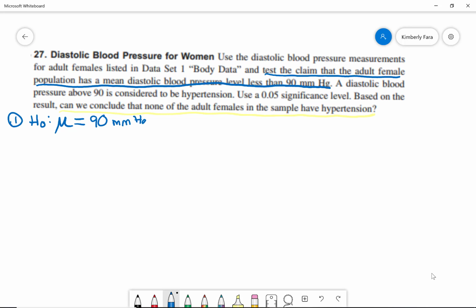Millimeters of mercury are the units for blood pressure. Our alternative hypothesis is mu is less than 90.